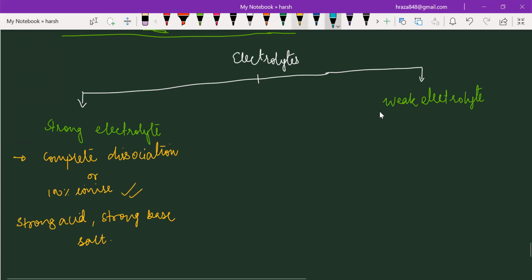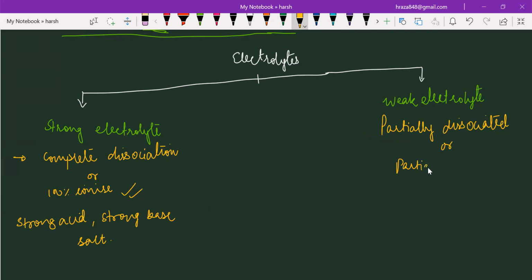And what is a weak electrolyte? This is basically partially dissociated, or we can say partially ionized. Are you getting my point?